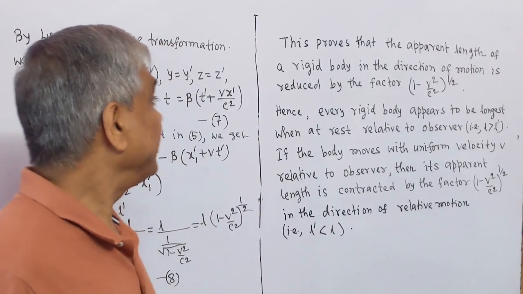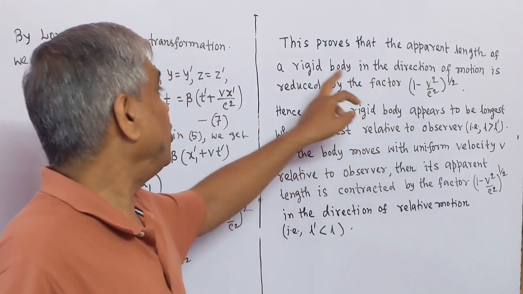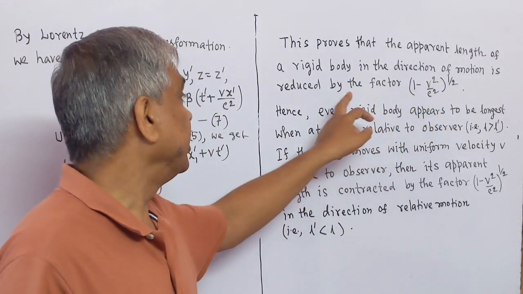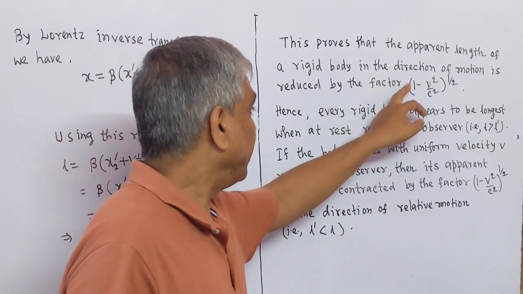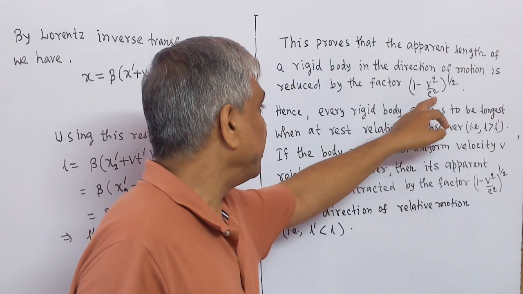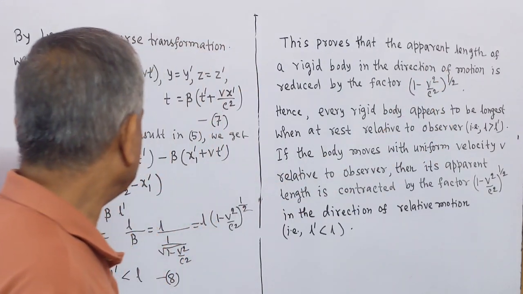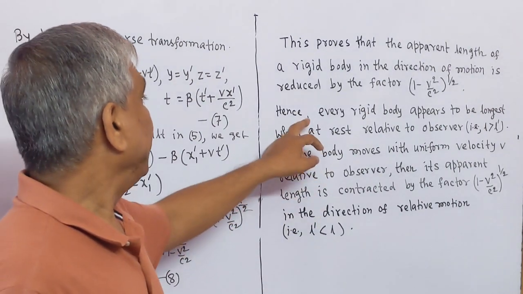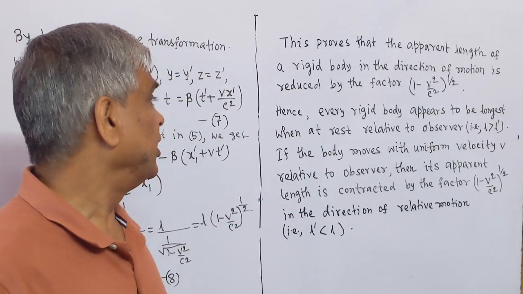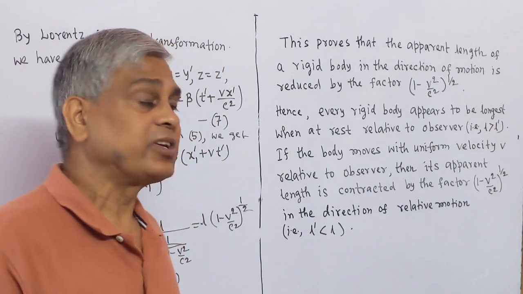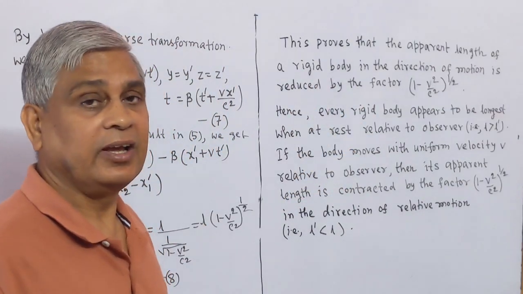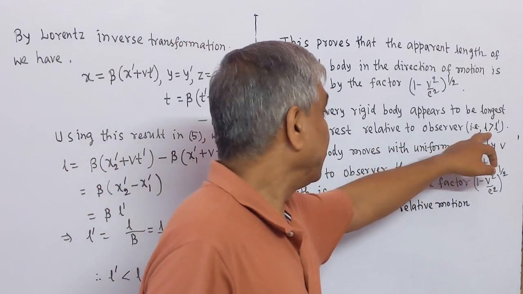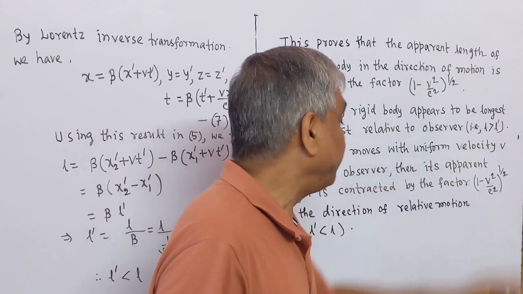This proves that the apparent length of a rigid body in the direction of the motion is reduced by the factor 1 minus v square by c square to the power half. Hence, every rigid body appears to be longest when at rest relative to observer, that is L is greater than L prime.